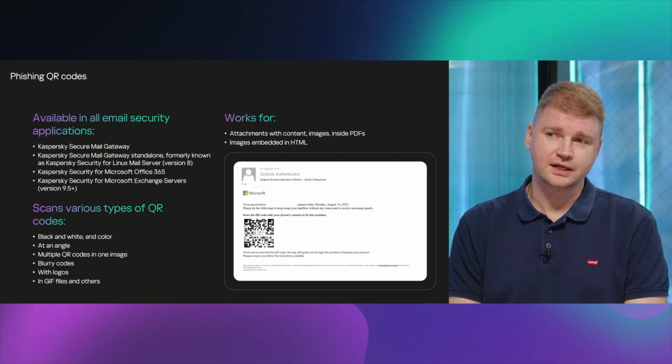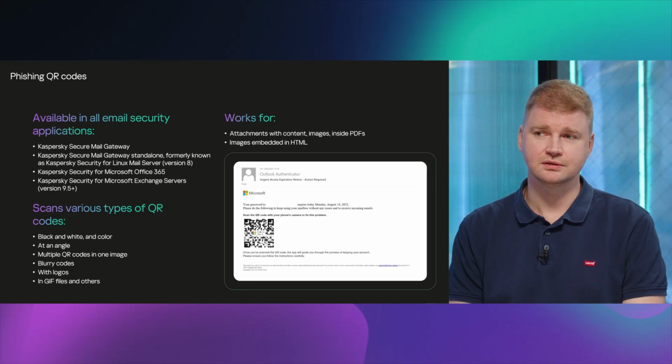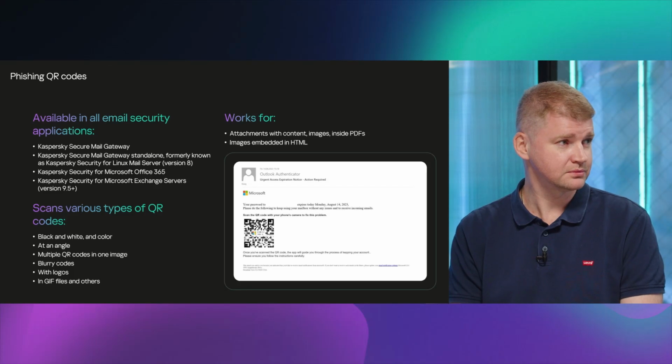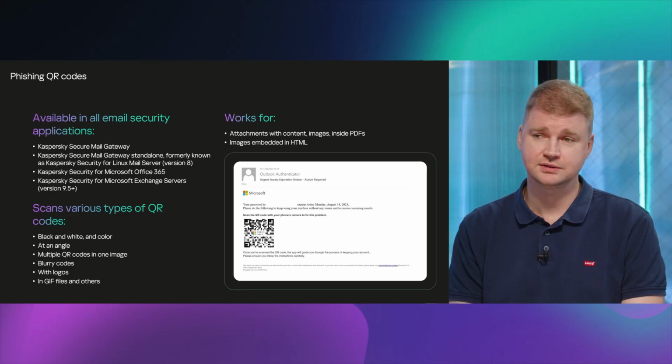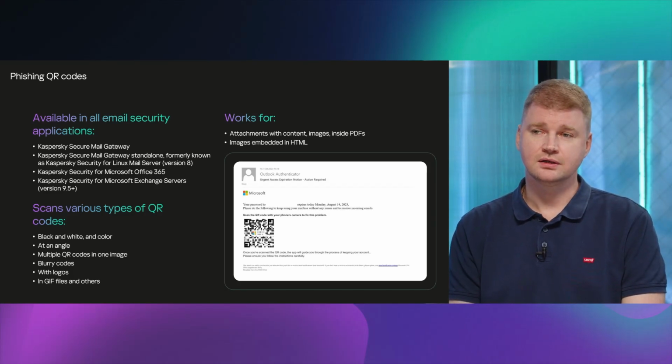Also, Anna mentioned a good example that since 2023, fraudsters have sent emails with embedded PDF files with included QR codes, and we support PDF files with QR codes as well as images as attachments and QR codes embedded in HTML code.